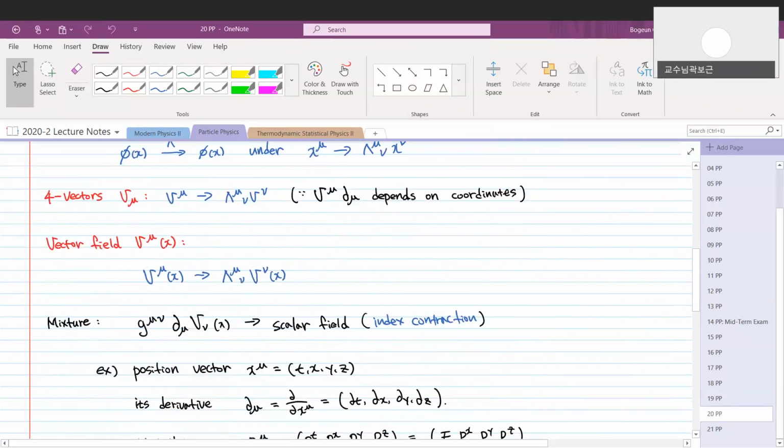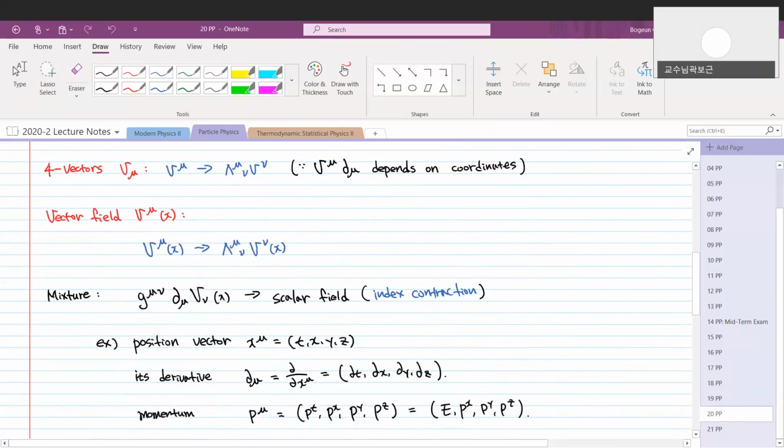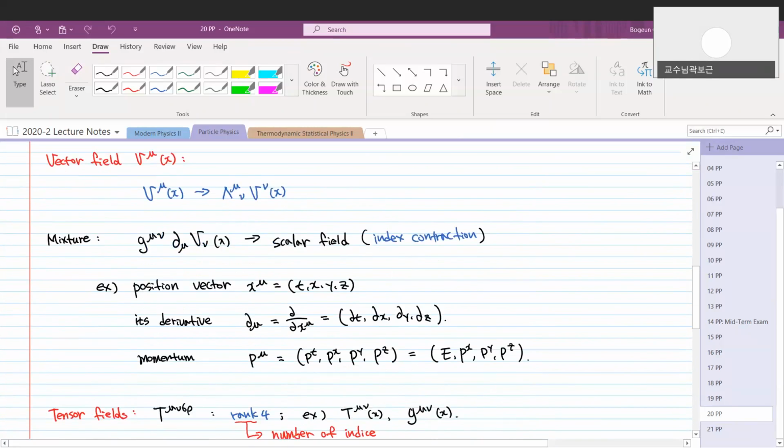So it depends on the Lorentz transformation. A vector field also depends on the Lorentz transformation, but it is a function of the coordinate. And their mixture also depends on the number of indices.